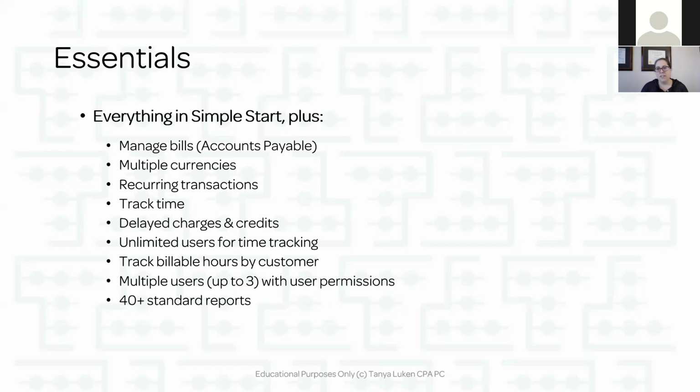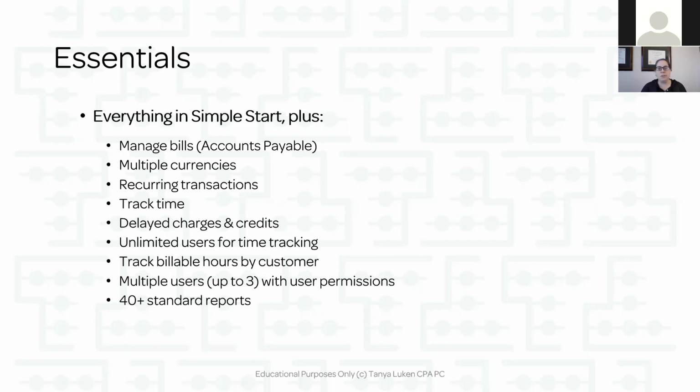Essentials is the second version. This is the one I like the most because it lets you get your feet wet without being so cost prohibitive. So everything that Simple Start has, it allows you to manage bills. Your bills for accounts payable are when you owe someone money for something, but you're not going to pay them for a couple of days or a month or something like that.